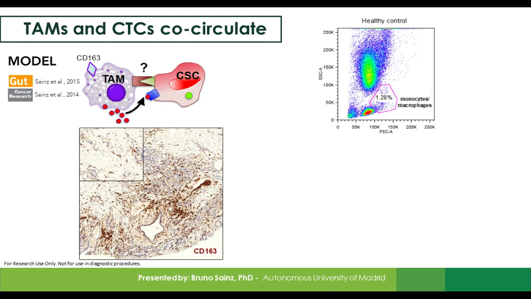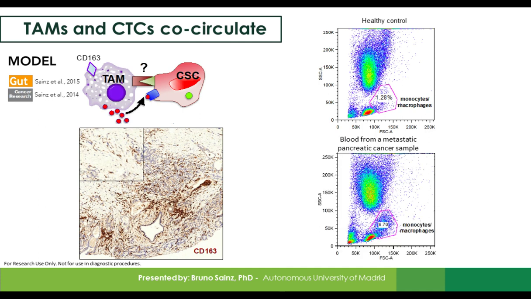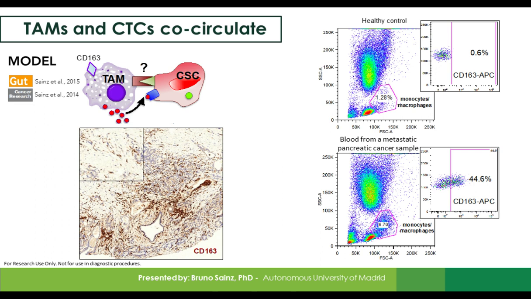We also see this in blood samples. Here we have a sample from a healthy control, where we can see a monocyte macrophage population of about 1.2%. However, when we look at the same monocyte macrophage population in blood from a metastatic pancreatic cancer sample, we see about a threefold increase in the percentage of these cells present in circulation.